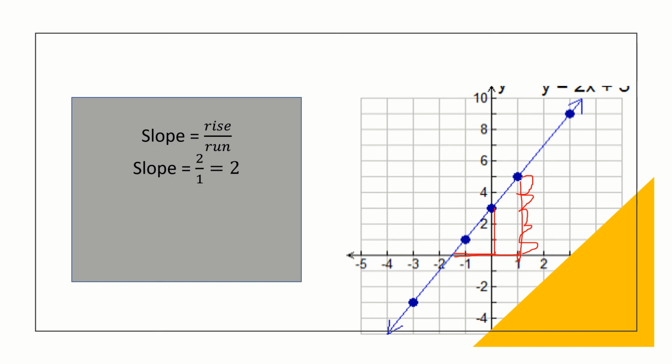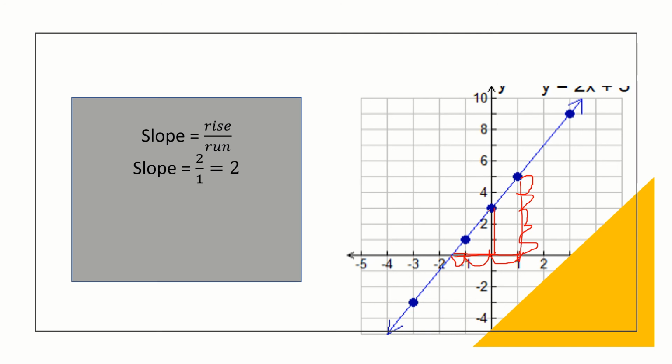Okay, then 5. Okay, then, of course, 1. Okay, 2. This is 2.5. So, 5 over 2.5. So, that is 2.